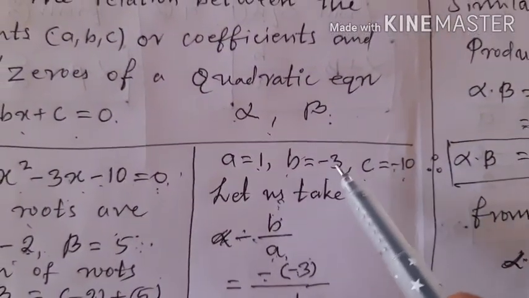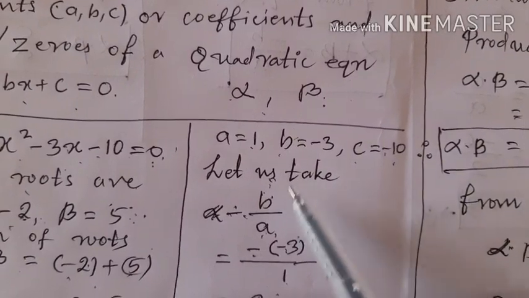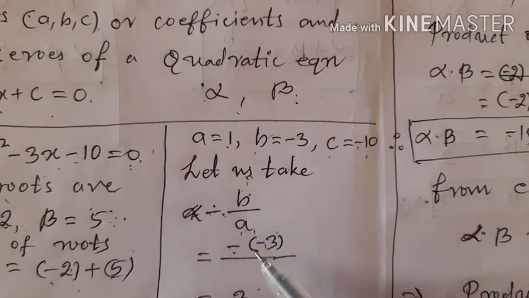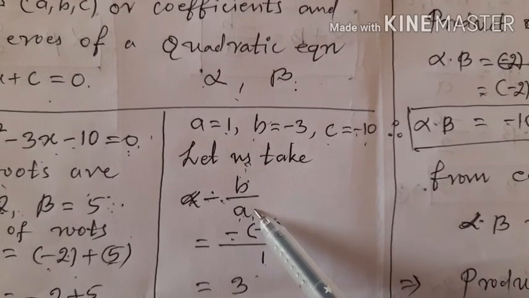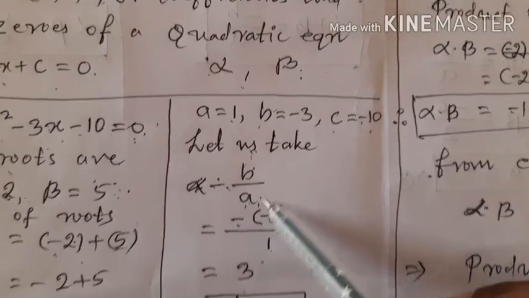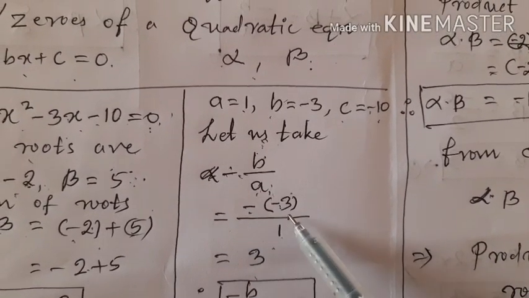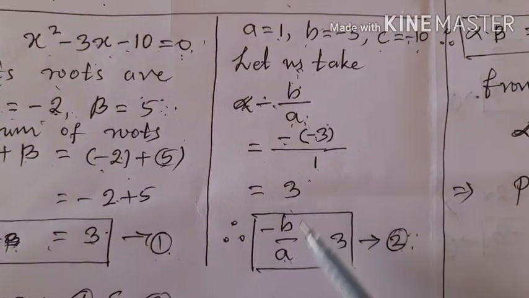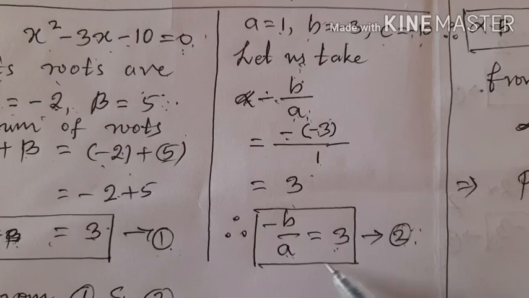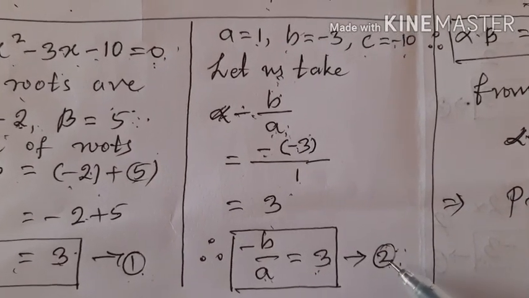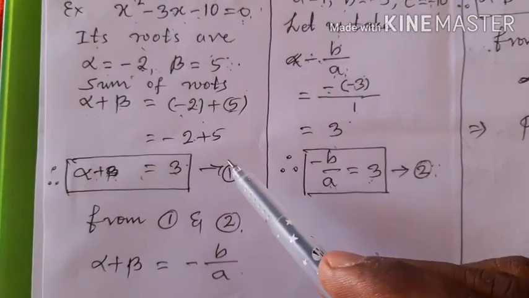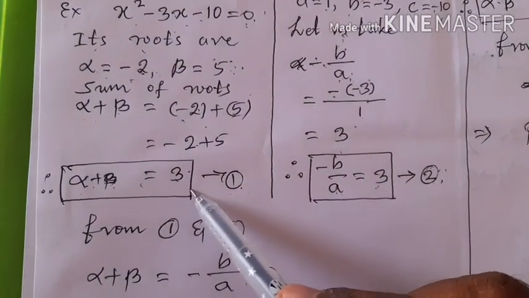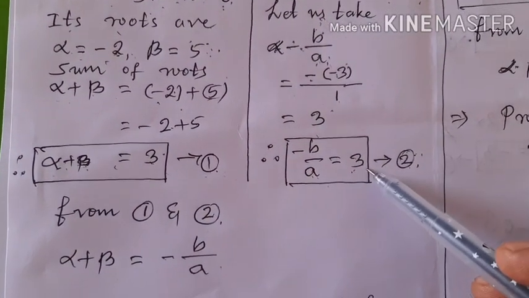Now let us take the ratio between minus the coefficient of x upon coefficient of x square. Okay, that is minus b by a is equal to minus, and b is minus 3 upon 1, minus of minus 3 becomes 3. Therefore children, minus b by a is equal to 3, and I call this equation as 2. You see here, comparing equation 1 and 2, we get alpha plus beta is also 3 and minus b by a is also equal to 3.